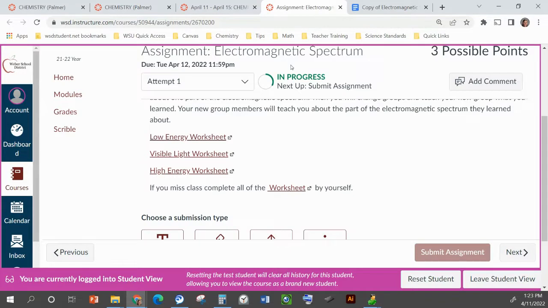So work with your group to finish your chunk of the worksheet. You guys are the low energy, you're looking at low energy electromagnetic radiation. You guys are 2s. 2s are visible light. Yes, good. Medium energy. And you guys are high energy.